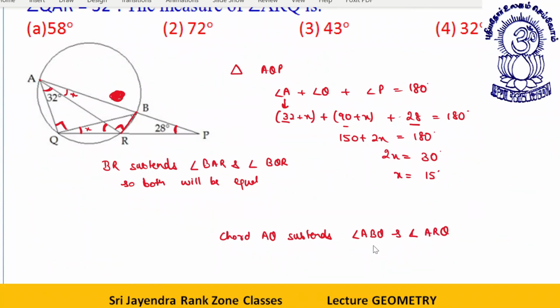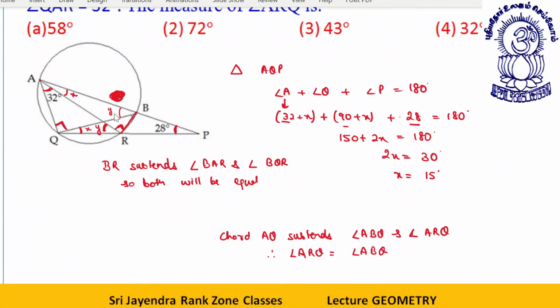So if you get angle ABQ, then angle ARQ is equal to angle ABQ. Let's say this is Y, this will also be Y.